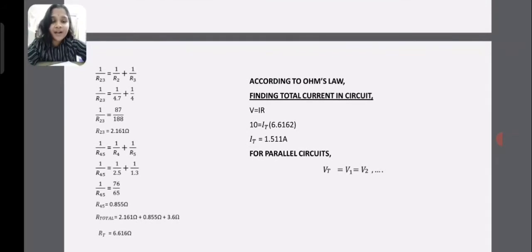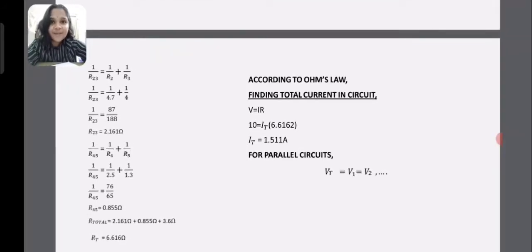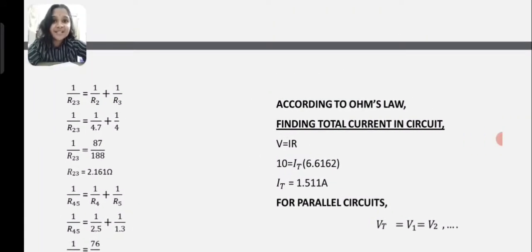In order to obtain the values of R23 and R45, we use the formula for a parallel circuit, where 1 over R total is equal to 1 over R1 plus 1 over R2. In this case, 1 over R23 is equal to 1 over R2 plus 1 over R3, which sums up the value of R23 to 2.161 ohms.